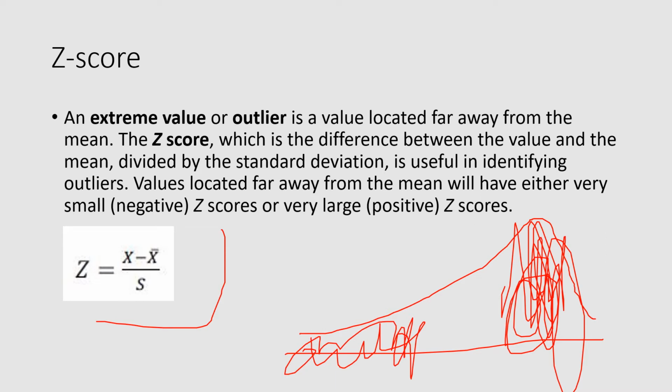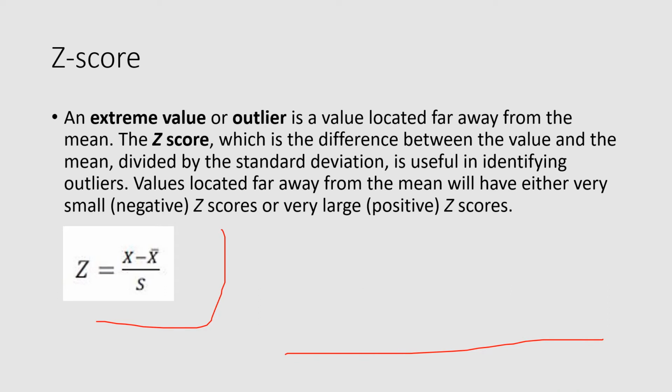So it's what we call left skewed, because of the left tail here. So what we do is we use the z-score. We standardize the scores in order to somehow normalize them and make our data set look more normally distributed.